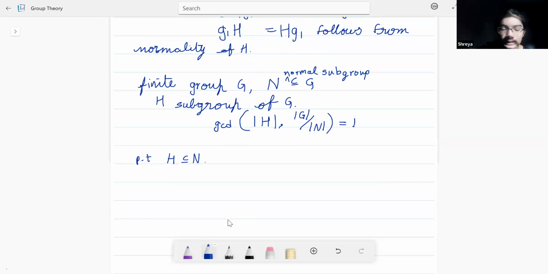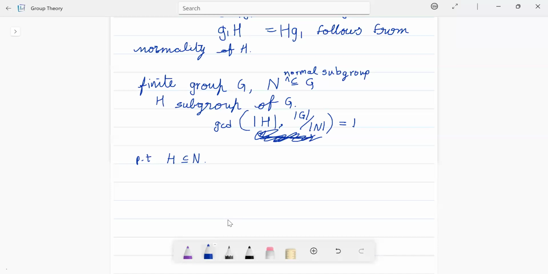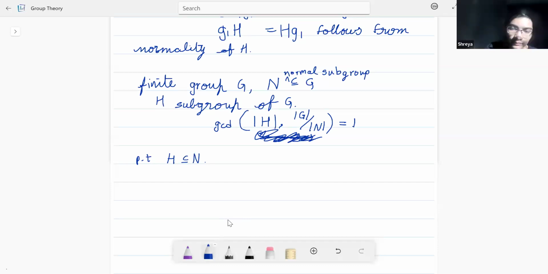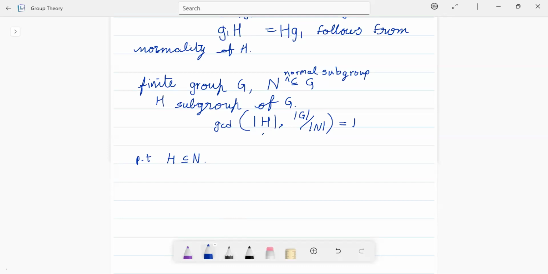In the specific case where the order is square free, this is just saying that if you take any two subgroups which have the same cardinality, which are G and N, and one of them is normal, then they are the same group, because one is contained in the other and the cardinality is the same. So either H is the identity group or H is a subgroup of N, basically.